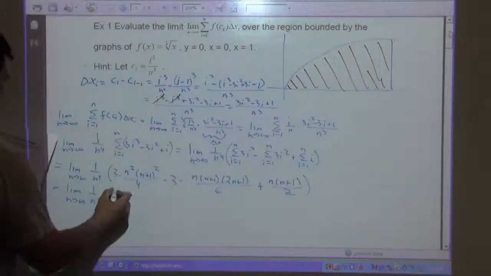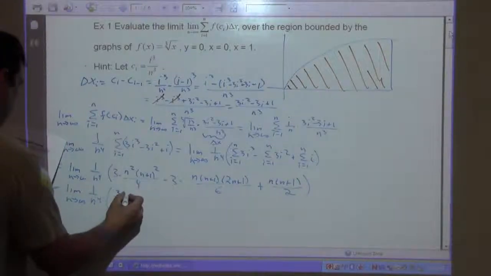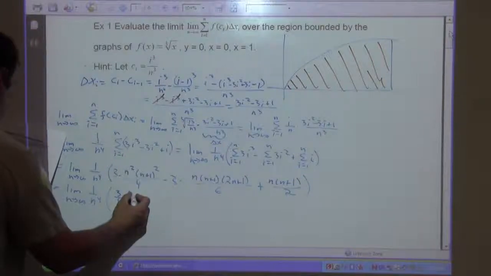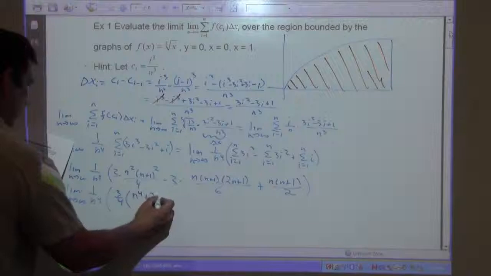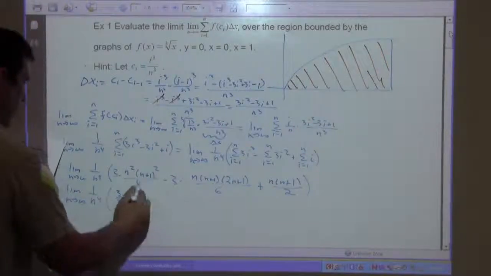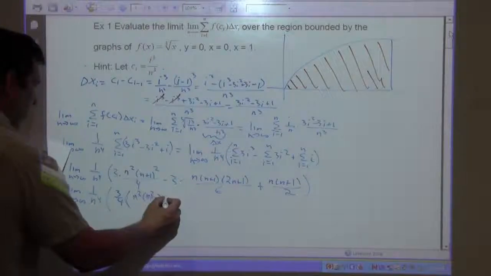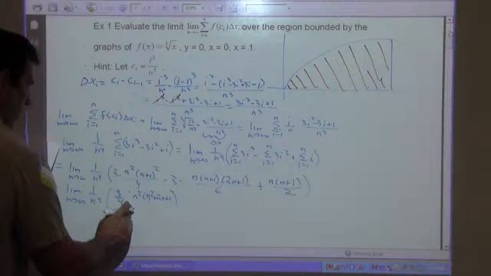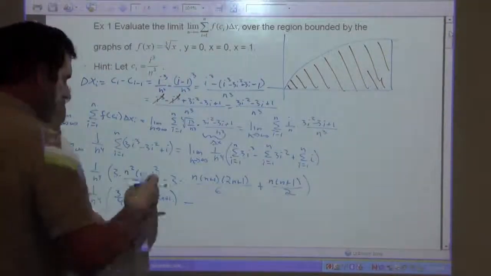So from the first part we have 3/4 times, if you multiply this out, n squared times n squared plus 2n plus 1, minus, and then the 3 and the 6 can reduce.